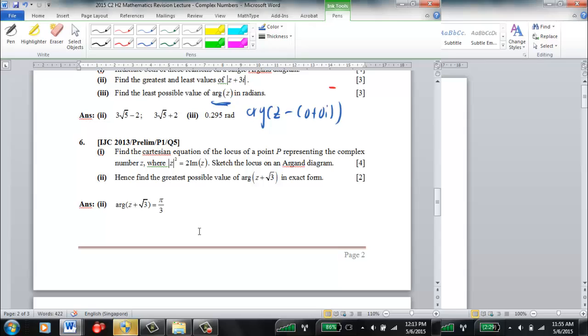Number 6. For number 6, he asks you to find the Cartesian equation and then sketch the loci. Basically, if you need to talk about a Cartesian equation, you need to replace z with x plus iy, and then you solve it.